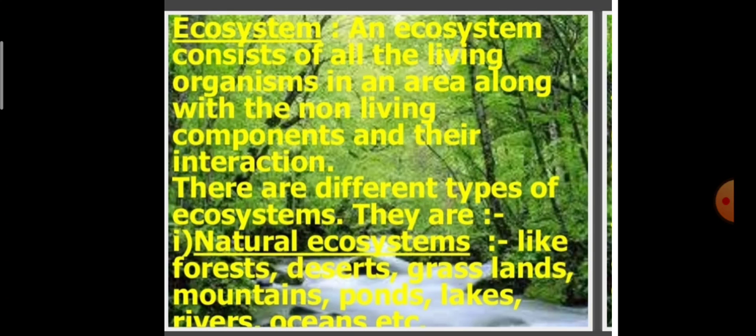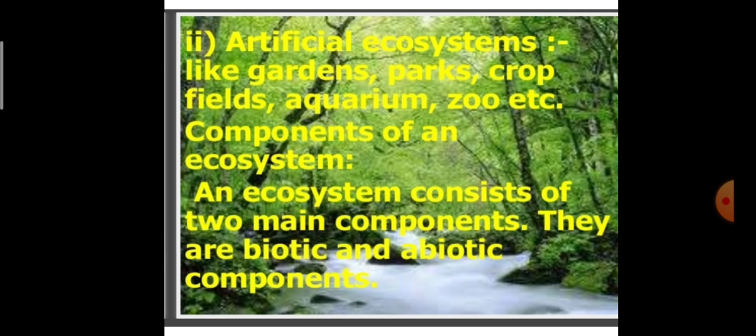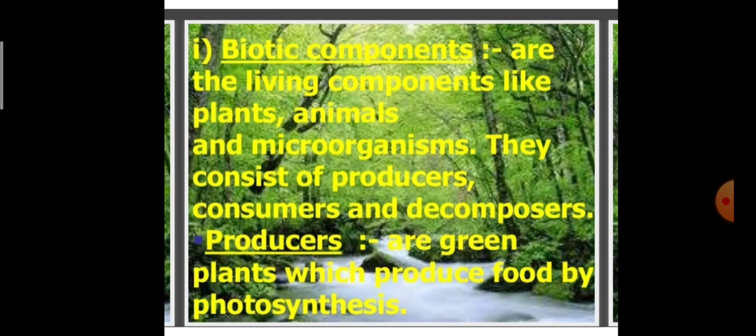Students, the biotic components of an ecosystem are classified into various types: producers, consumers, and decomposers. So first, the producer. Students, what is a producer? Producers are basically the green plants which produce food by the process of photosynthesis.